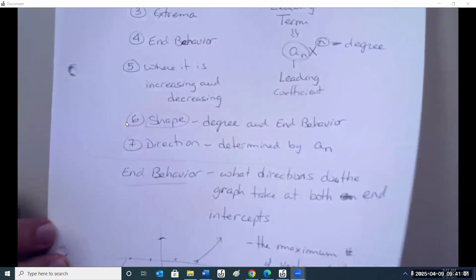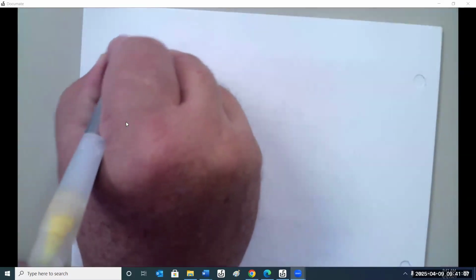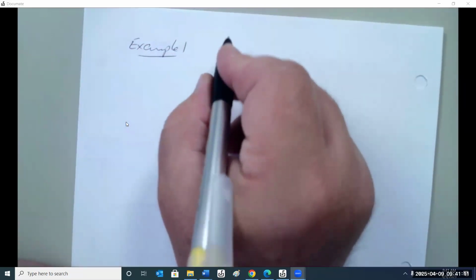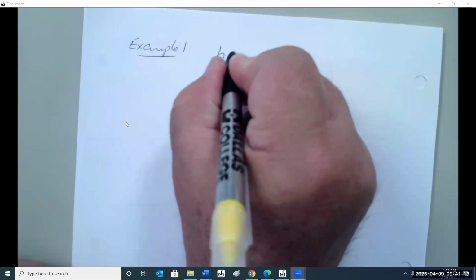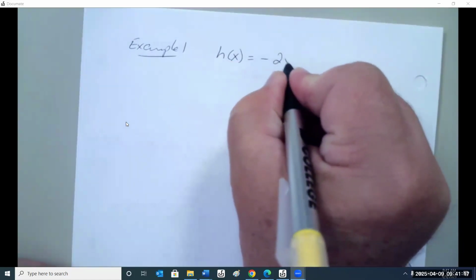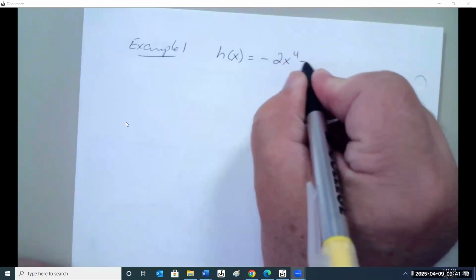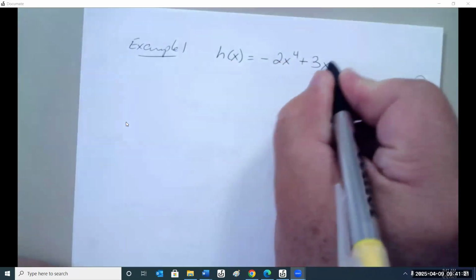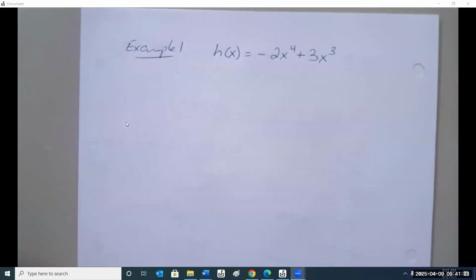All right, let's look at an example. Example 1. Here we have h of x equals negative 2x to the 4th plus 3x cubed. Graph it.